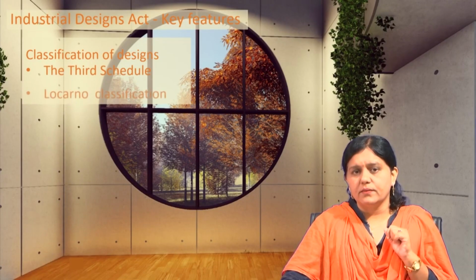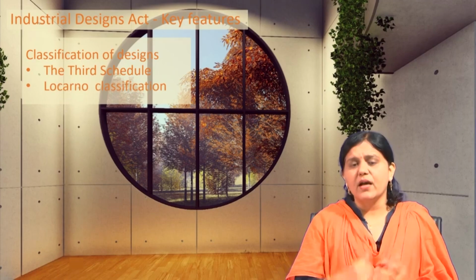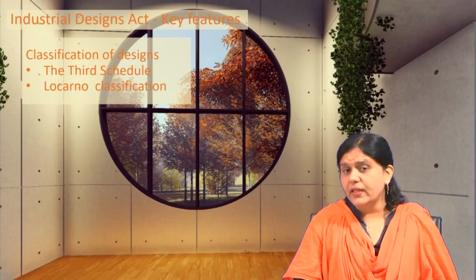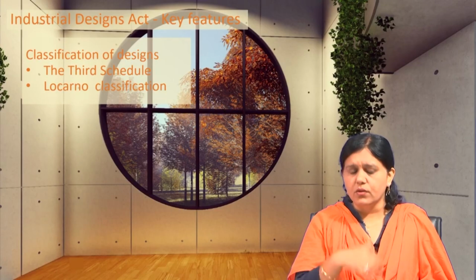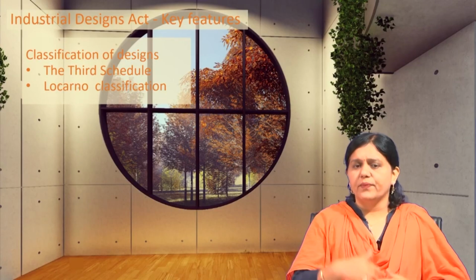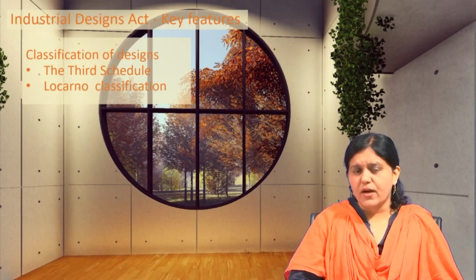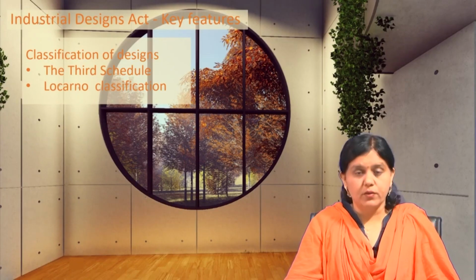Now, this Locarno classification, just like in trademark we go through the NICE classification or the Vienna classification, similarly here we follow the Locarno classification, and there they have given the classification of all the types of articles which may be there, and we have to register in that particular class.